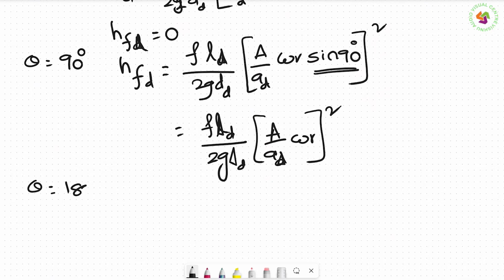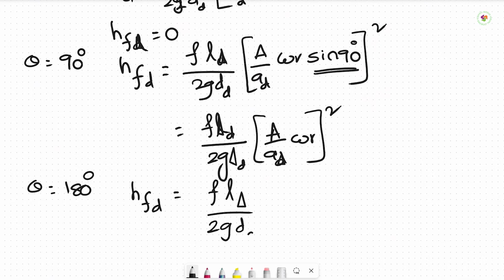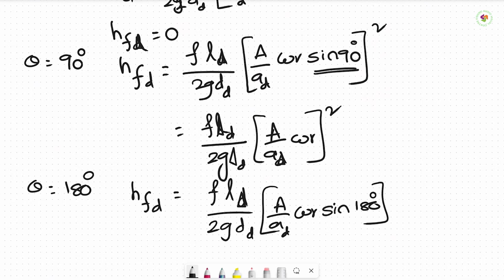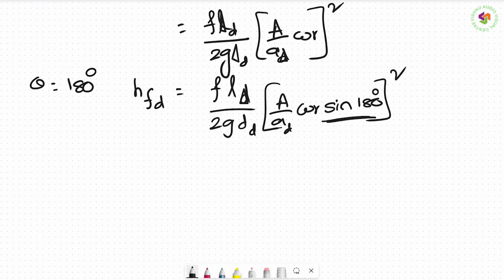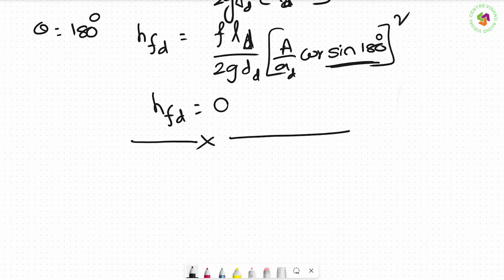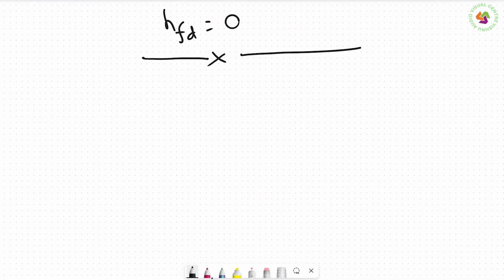Theta is equal to 180 degrees: hfd is equal to f ld divided by 2 g dd into A by ad omega r sine 180 whole square. This is equal to 0. Therefore, hfd is equal to 0. So we got three values, and now we know how they vary in the suction stroke and delivery stroke.